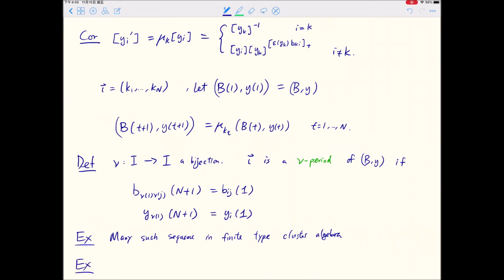Another very useful construction is from maximal green sequences that we learned in the last class. So if we have two maximal green sequences, then we remember that if you start from an initial one and then you apply I or you apply I prime to the maximal green sequence, then the resulting seeds will be frozen isomorphic.